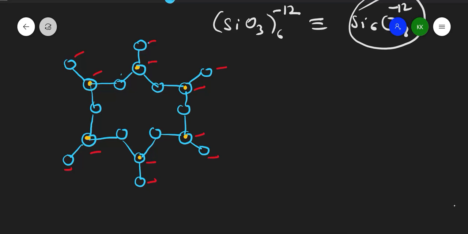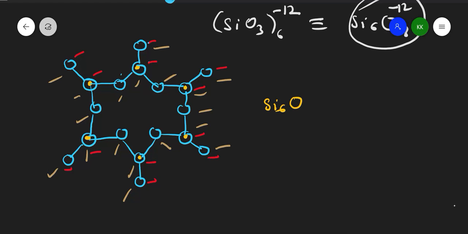If you count the silicon atoms, here we have 6 silicon atoms, Si6. If you count oxygen, let me count it with this marker: 1 2 3 4 5 6 7 8 9 10 11 12 13 14 15 16 17 18.